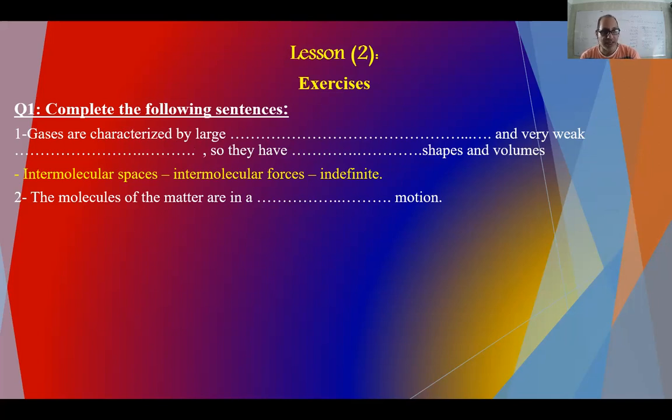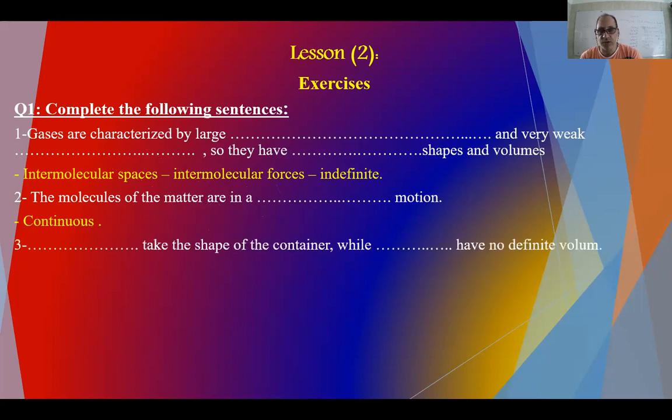In solids they move in a very tiny area, so we cannot notice the movement of solid molecules. So they are in a continuous motion, the first character of molecules, for all matter, by the way.